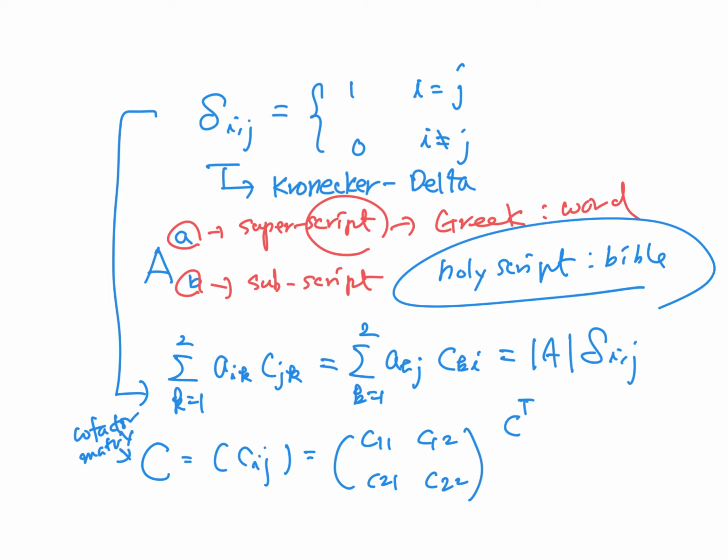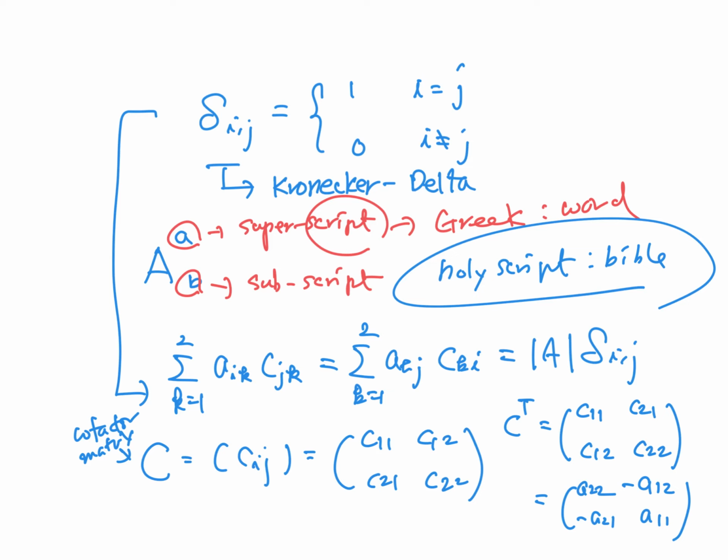Transpose of cofactor matrix C11, C21, C12, C22 is A22 minus A12 minus A21, A11.